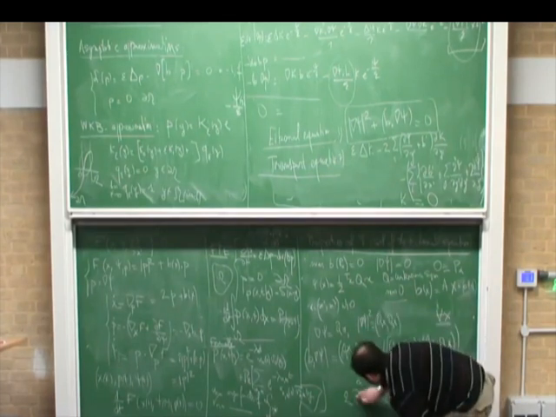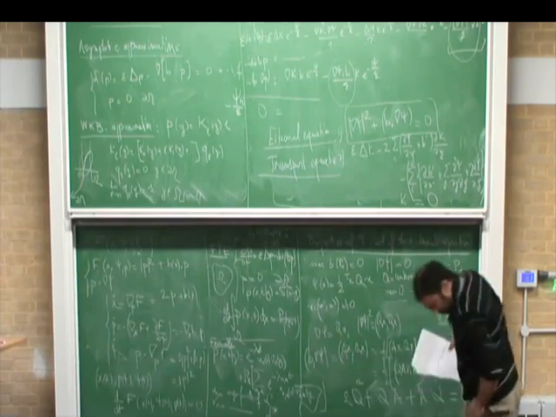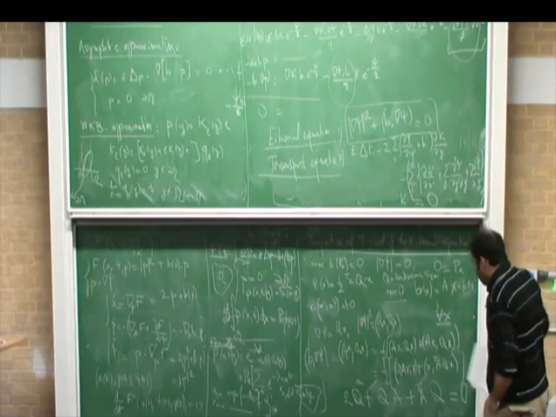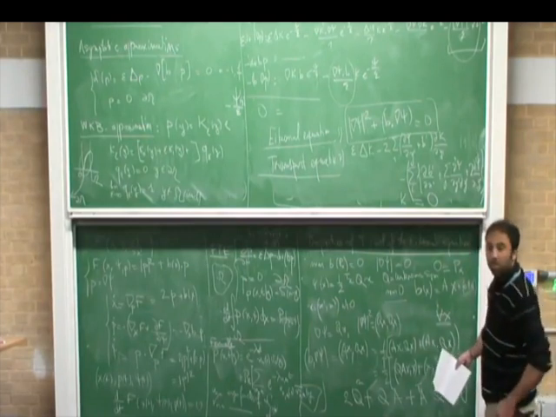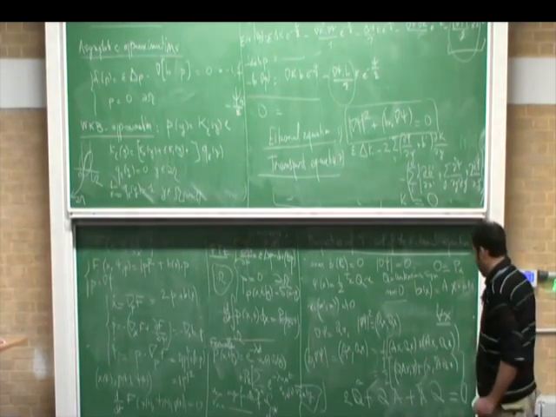And this is Q squared. And so this is called the Riccati equation, if you have ever seen that. This is the classical Riccati equation.